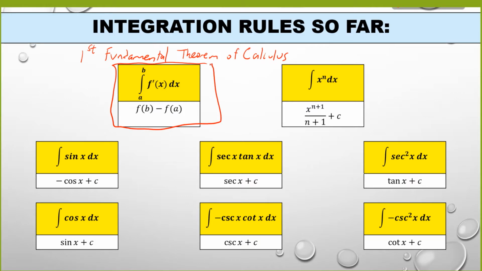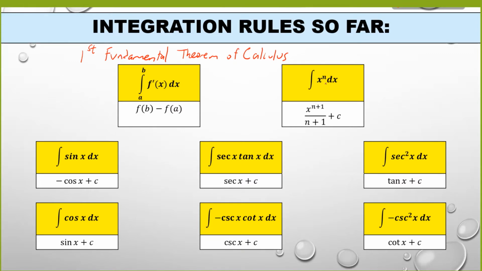It just says if I integrate a derivative, an already derived function in terms of x, from a to b, then I'll step up to get back to an original function that was not derived yet. But then I'll have to plug in my upper bound and subtract my lower bound. Upper bound, lower bound, which is true regardless of what we're integrating.